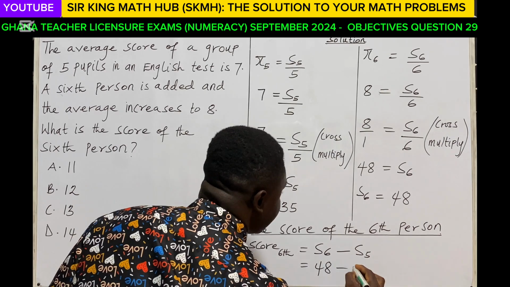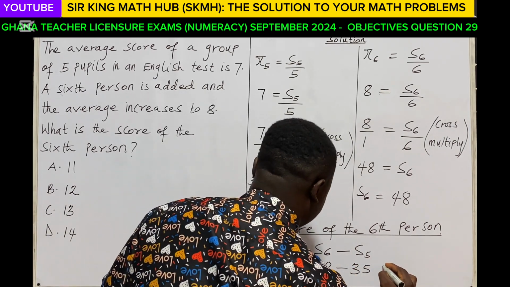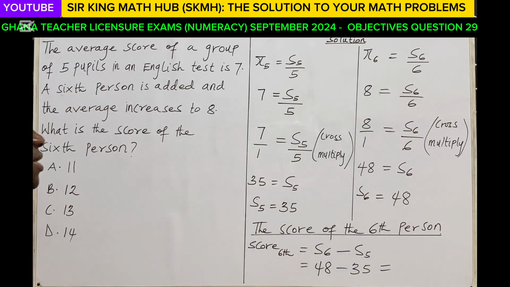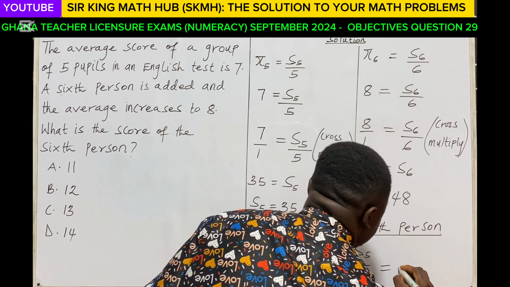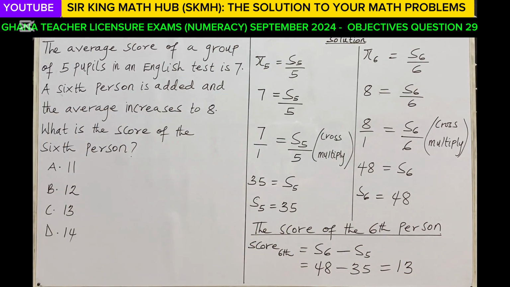Sum of 5, we had 35. So what is 48 minus 35? We have 13. So we could see that the score of the 6th person is 13. So the right answer is option C.